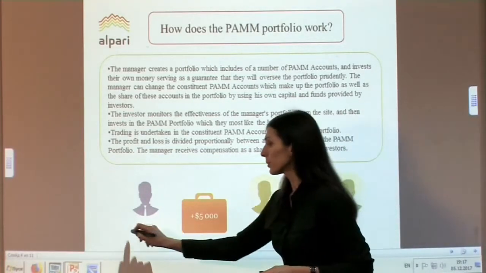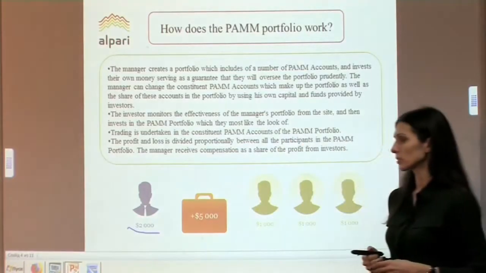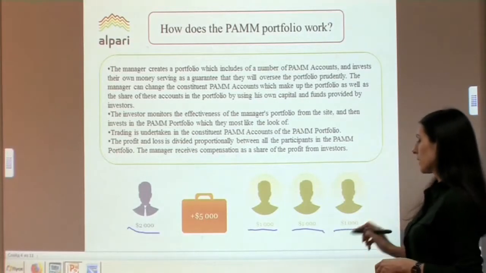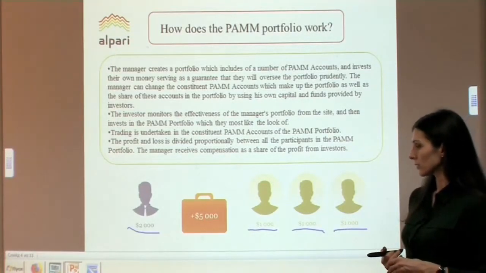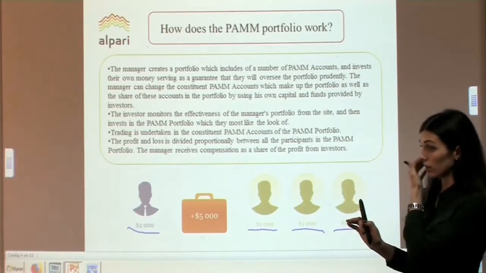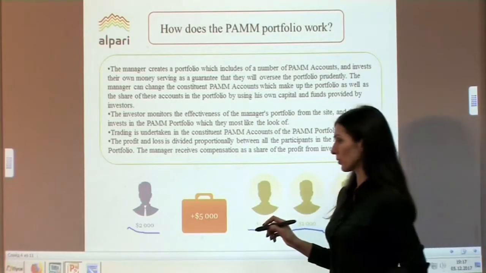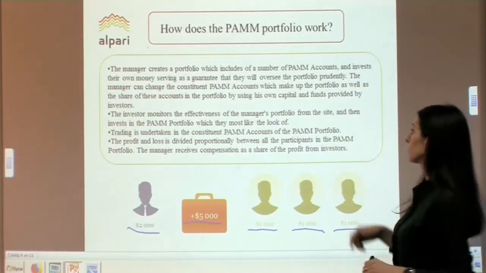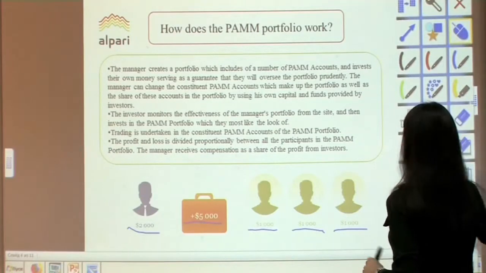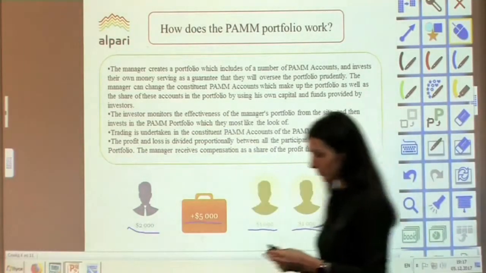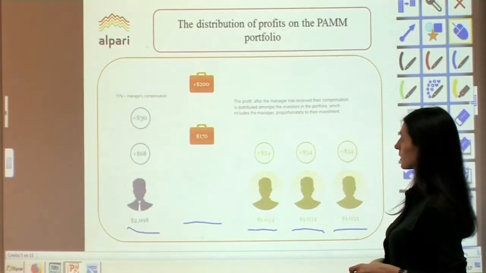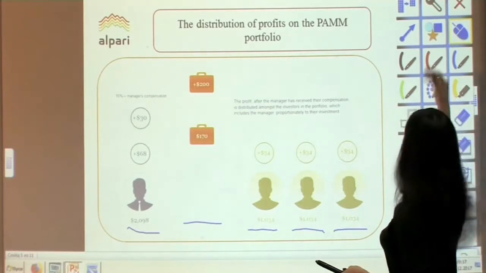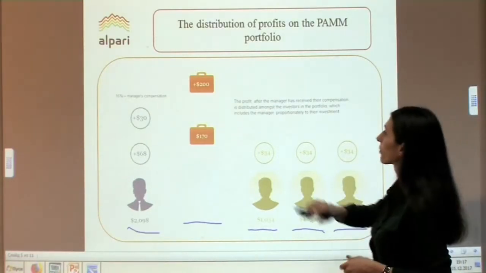The PAM portfolio manager deposited $2,000 to his PAM portfolio, and he has 3 investors with $1,000 each of them deposited to the PAM portfolio. Here we can see $5,000 in general in the PAM portfolio, and the next slide will show us how the distribution of profits on the PAM portfolio is in general.